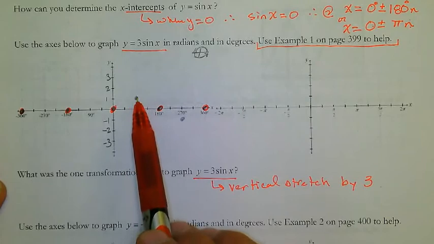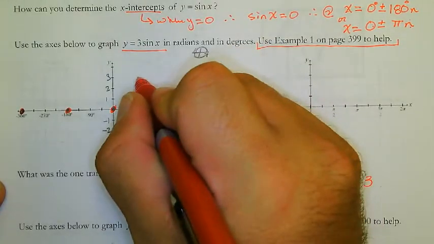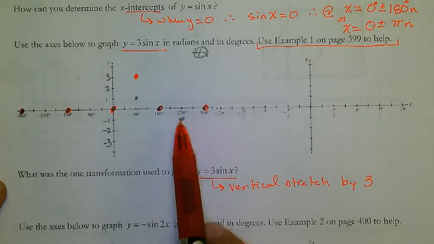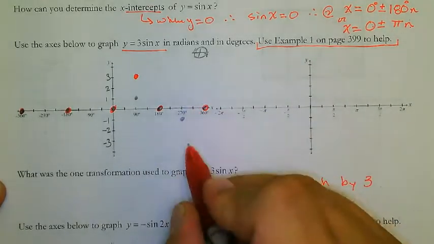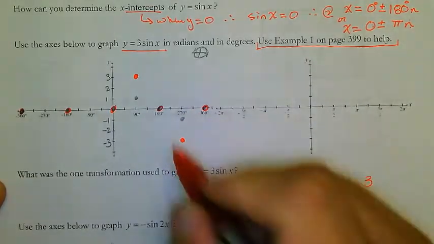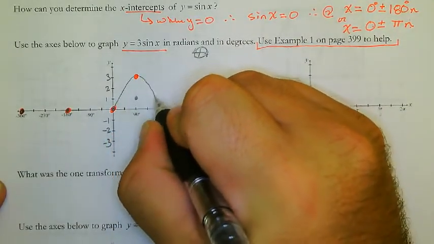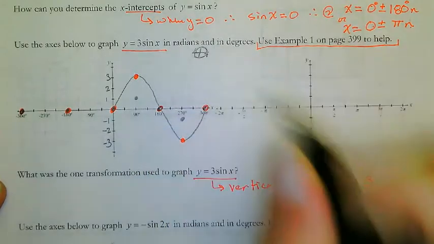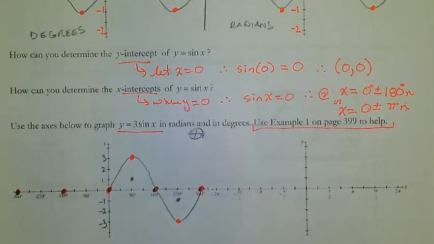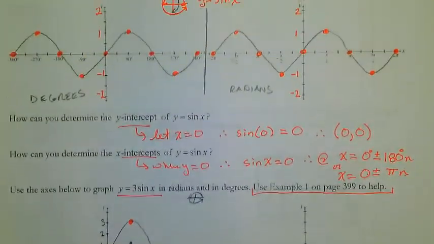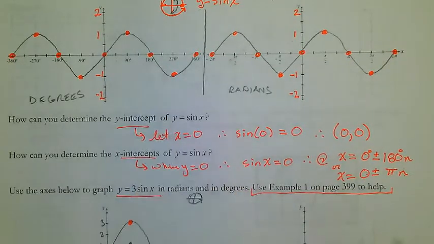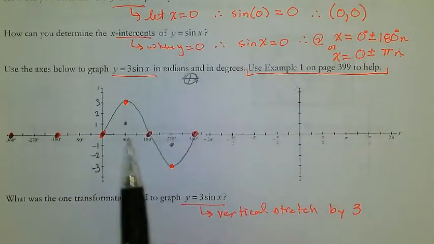Well, now 1 times 3 goes all the way up to positive 3. -1 times 3 goes all the way down to -3. And so what I have is this graph, where the graph here looks very much like the graph here. The only thing is that I've stretched vertically.